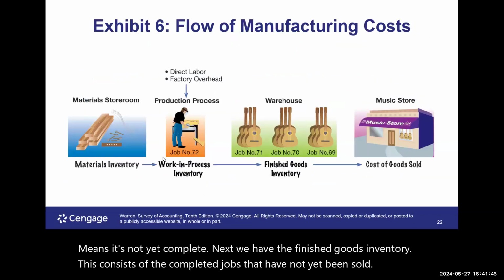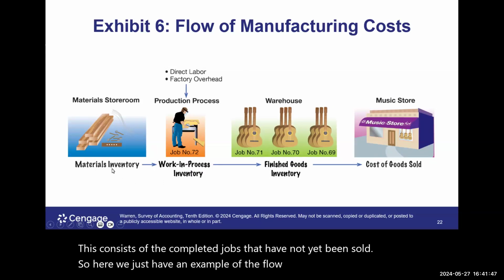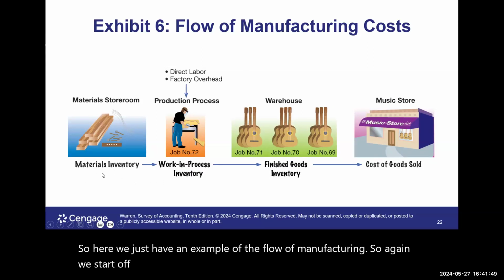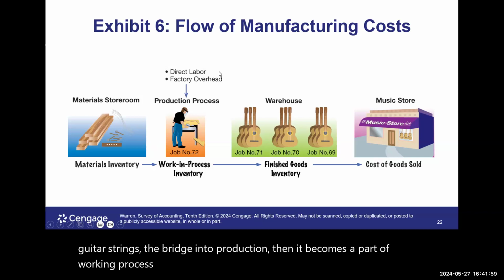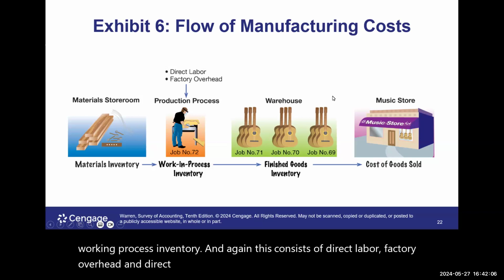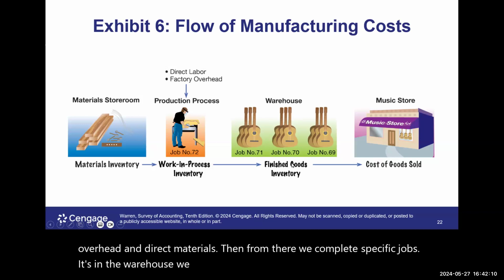So here we just have an example of the flow of manufacturing. Again, we start off with the materials inventory. Once we transfer the wood, the guitar strings, the bridge into production, then it becomes a part of work in process inventory. And again, this consists of direct labor, factory overhead, and direct materials. Then from there, we complete specific jobs. It's in the warehouse. We have our finished goods inventory.